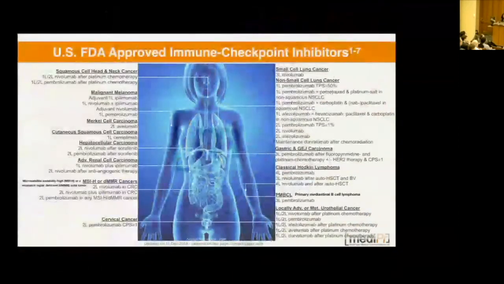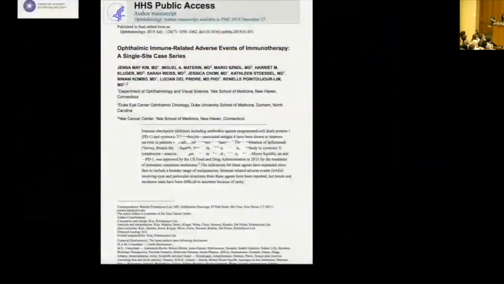And the indications for use of immune checkpoint inhibitors are continually growing to not only involve unresectable advanced metastatic cutaneous melanoma, but squamous cell carcinoma of the head and neck, Merkel cell carcinoma, hepatocellular carcinoma, renal cell carcinoma, cervical cancer, and the list continues.